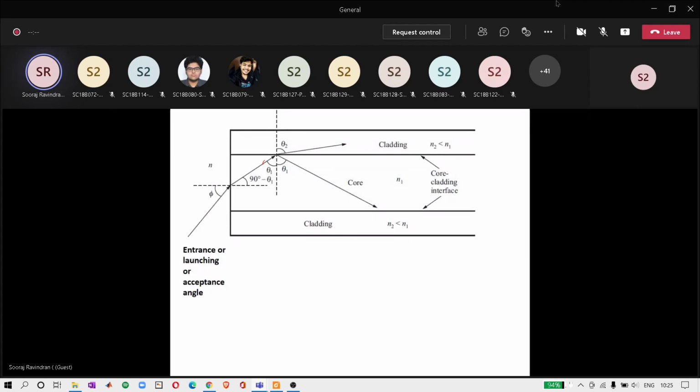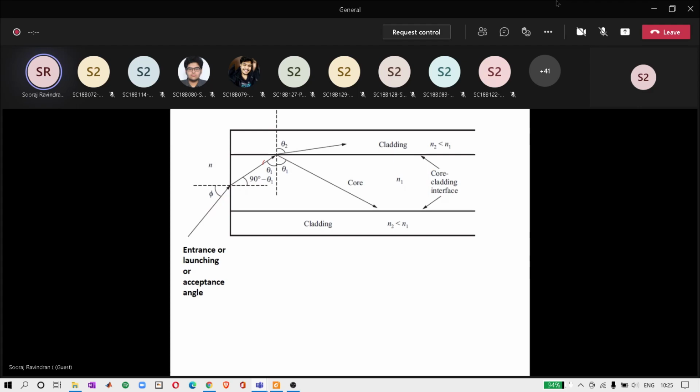The demodulator will not be able to understand what you have sent. So total internal reflection has to happen, and for that you will have to properly choose the launching angle, the angle at which you launch the ray inside the optical fiber.